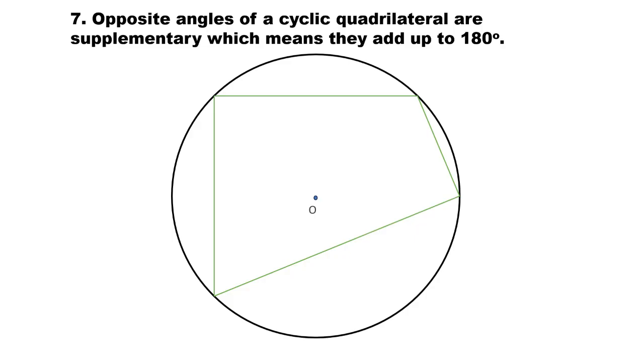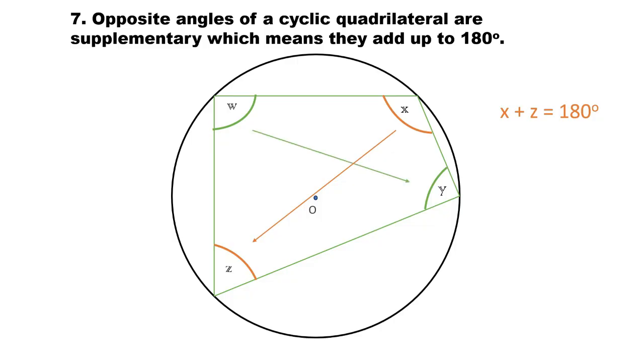But take note that all the vertices or corners of this quadrilateral should be on the circumference of the circle, for the shape to be called a cyclic quadrilateral. So if we label this angle x, and the opposite angle we label it z, therefore x plus z equals 180 degrees. Also, if we label this angle w and the opposite angle y, therefore, w plus y equals 180 degrees.